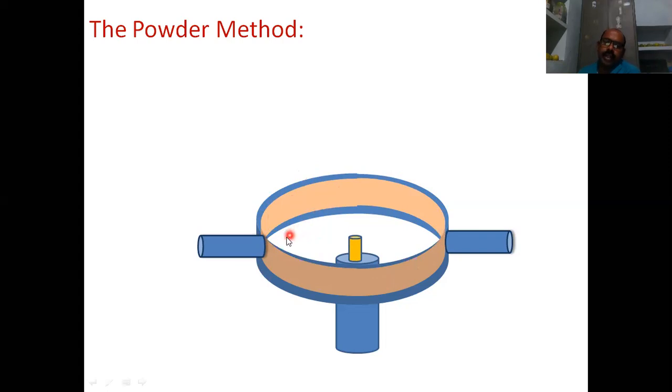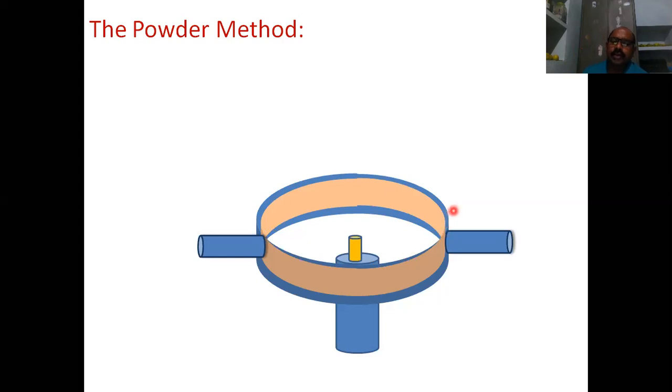Whenever the X-rays fall on this, either dots or lines are formed on the film. Whenever the X-rays are exposed to this film, we observe the marks on the film after developing.